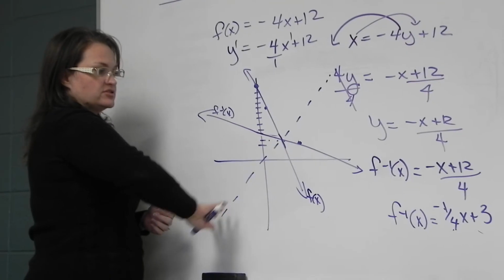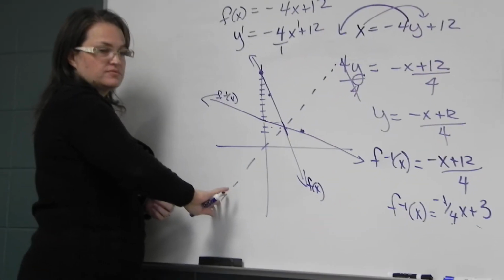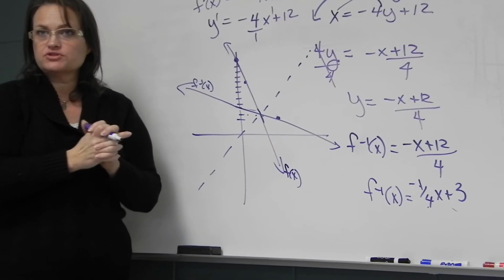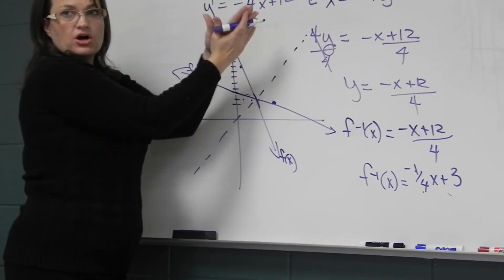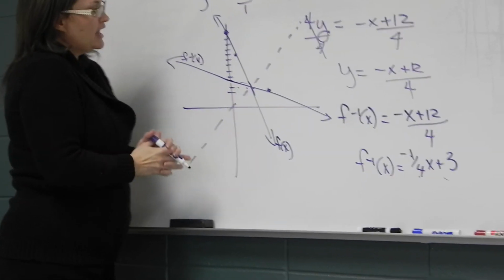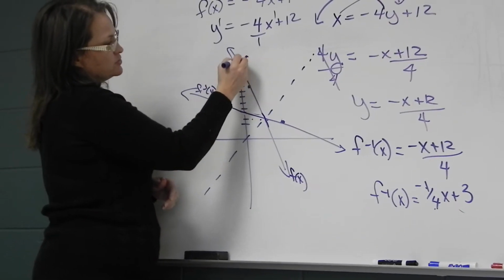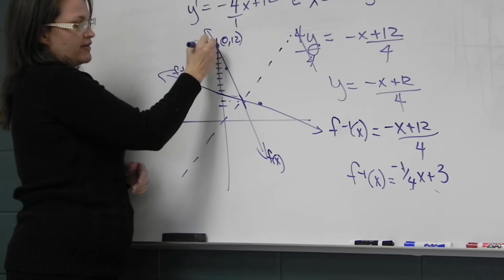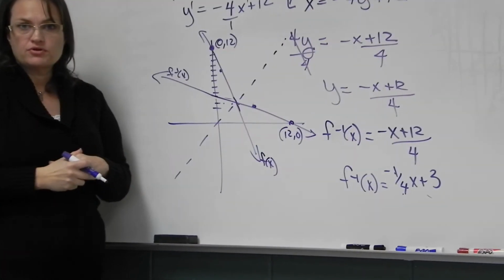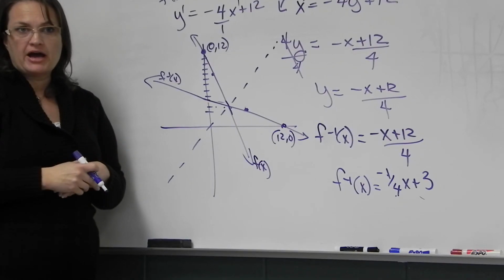If I drew a line directly through the origin, and I folded these graphs together, they would meet. Inverse functions always fold along the y equals x line perfectly. Okay? And if the point 0, 12 is on this graph, then the point 12, 0 should be on its inverse. Everything about x and y should be backwards.